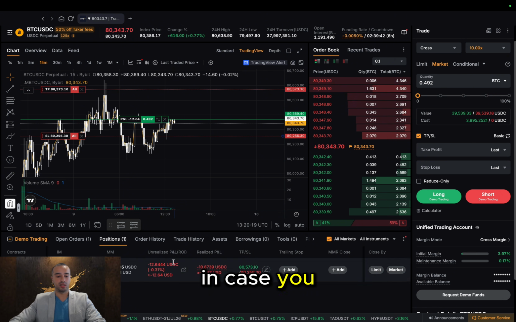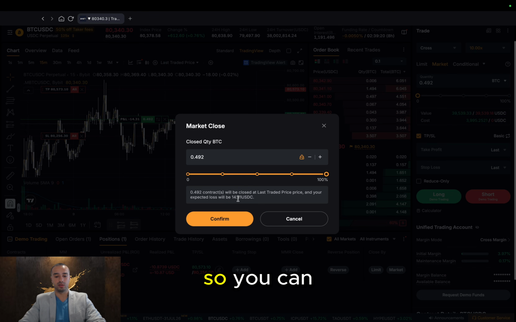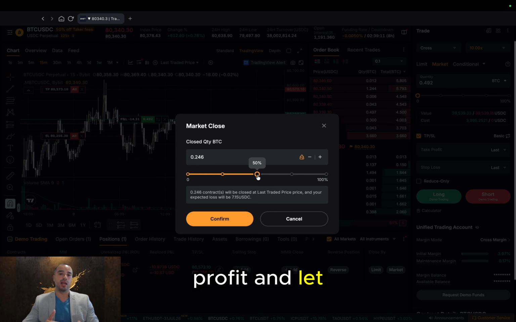In case you want to cancel and close your position before it triggers, use a market order. You can choose the amount of the position you would like to close. Let's say you want to close 50% of your position and take partial profit and let the rest go ahead.